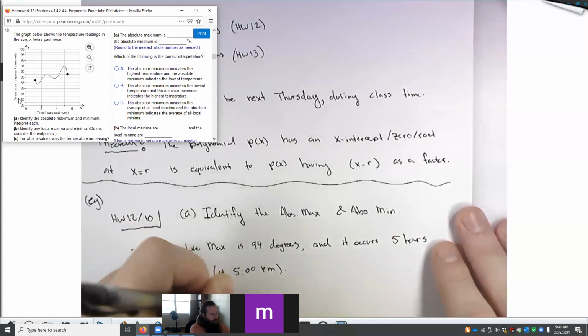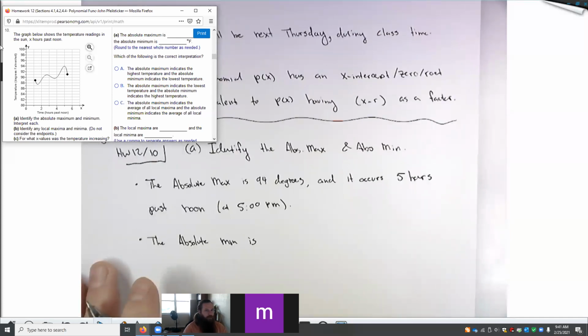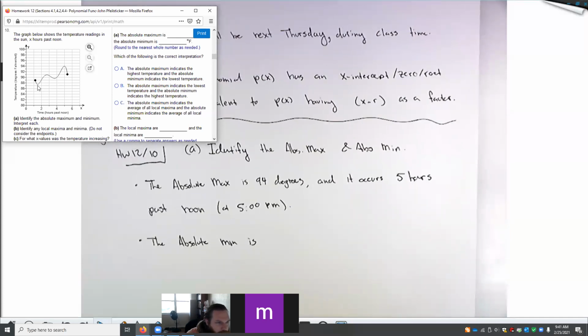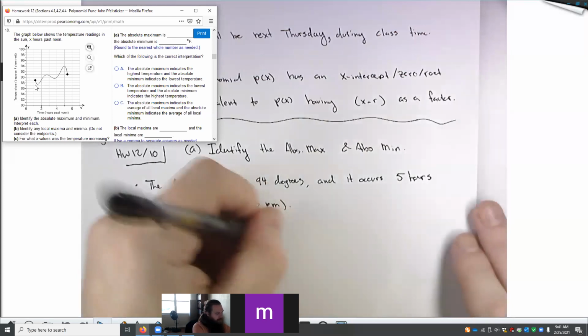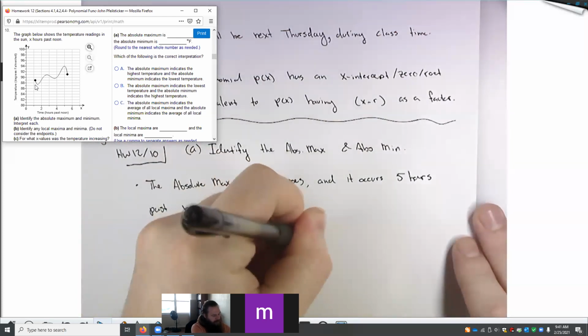the absolute min is, I have to see what that y value is there. So that y value also appears to be halfway between two tick marks. This is 86, this is 88. So this tick mark here is 87. This guy looks like it's halfway between 87 and 88. So I'd say it's 87.5. 87.5 degrees.